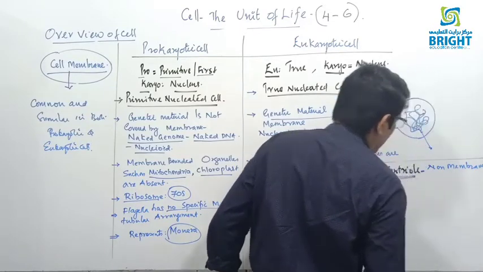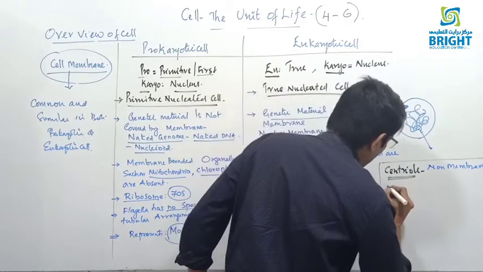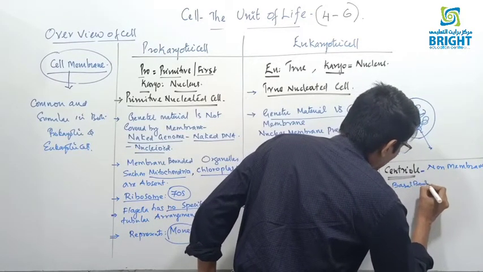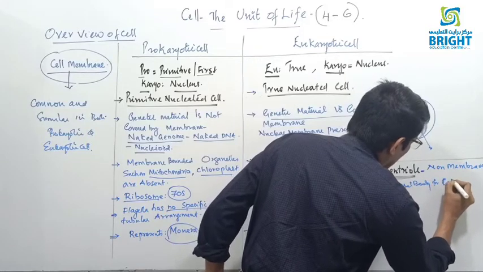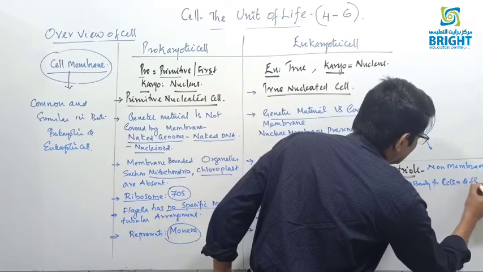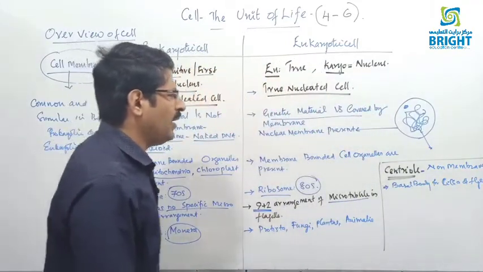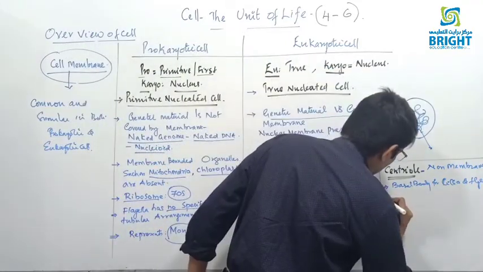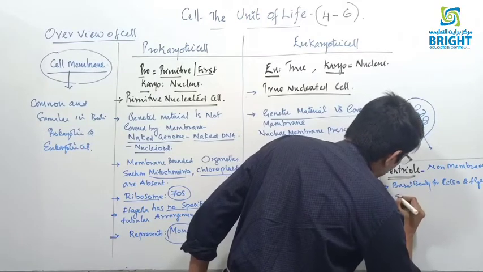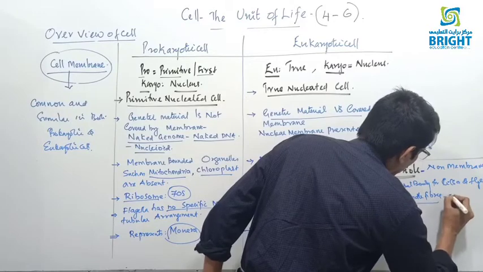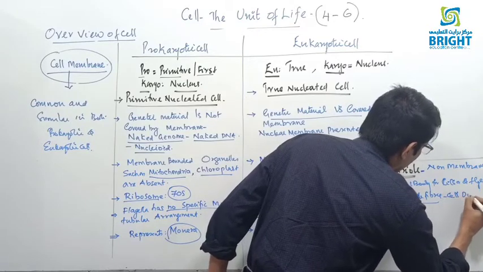It has no membrane, and it acts as the basal body for cilia and flagella, the origination of cilia and flagella, and the centriole is also involved in the formation of spindle fiber during cell division, mitosis and meiosis.